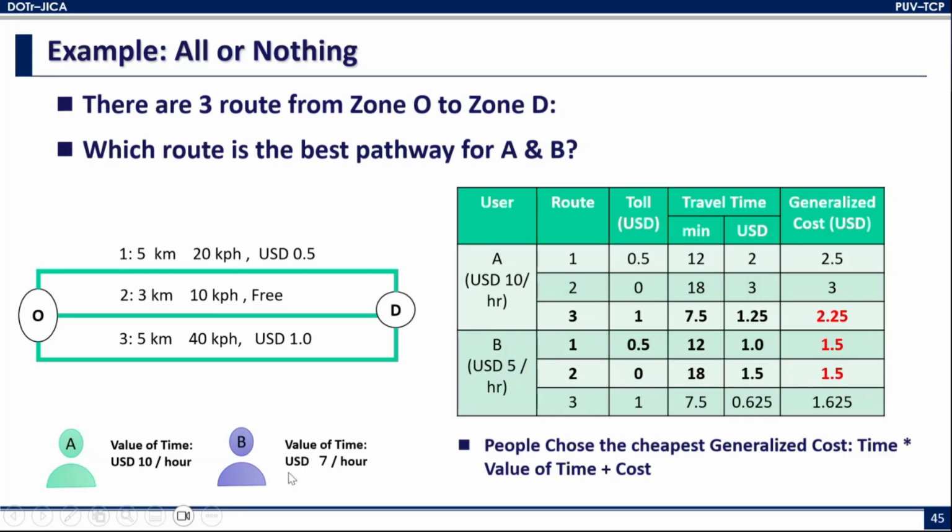So they are not so sensitive about travel times compared with person A. So for person B, route 1 or route 2 is the most reasonable way. Therefore, according to the people's value of time, if you consider higher income, middle income, or lower income groups, the cheapest way shall be different.